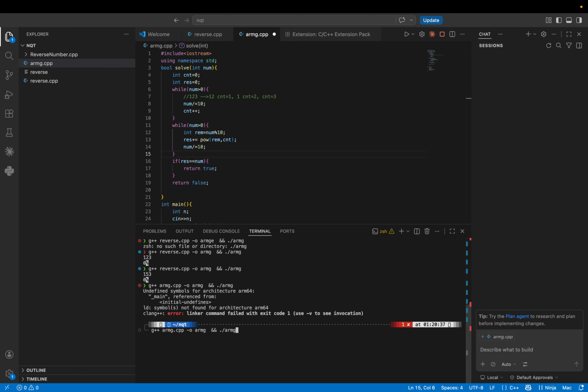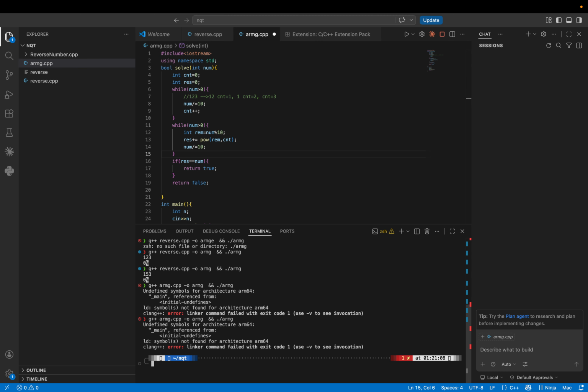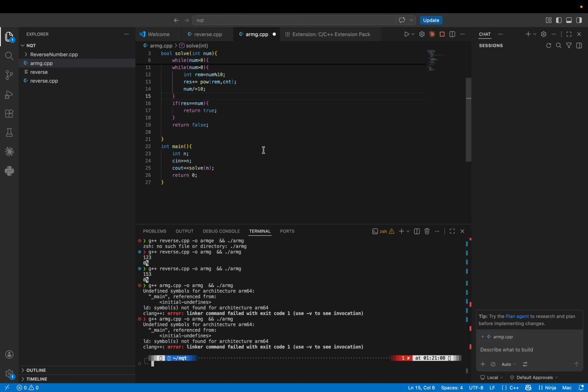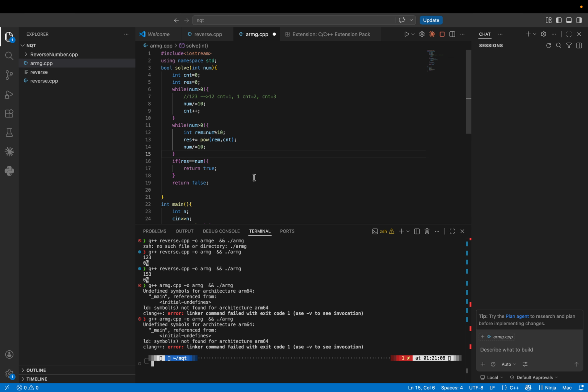For ARMG, we don't need anything. ARMG.cpp minus o ARMG and then this. And what is this saying? Undefined symbols, not found. Which symbol are you not finding? I don't think I have used any symbol that is not usable.